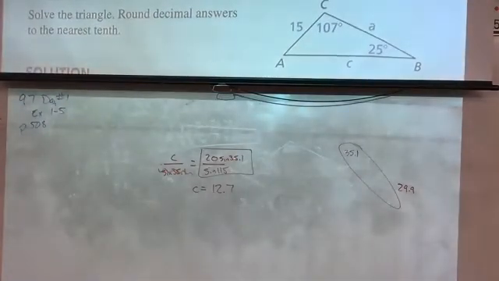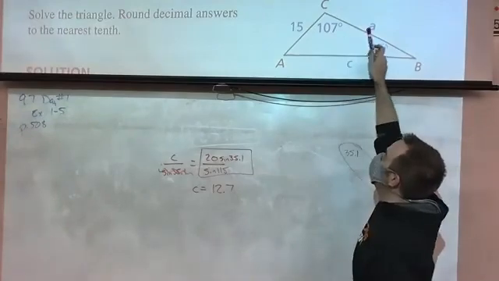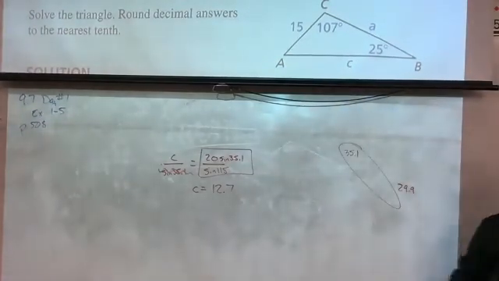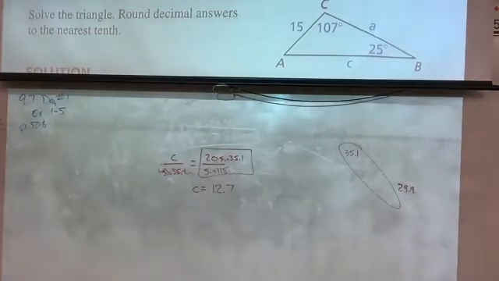All right, so here we go with a different situation, right? They give us a different combination of values and information. We're looking for angle A, side A, and side C. Go ahead, take some time, you can talk to each other about it. Okay, but I want you to find those three values.